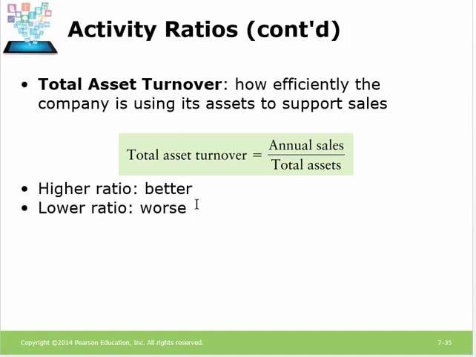This looks at the entire picture of assets, not just short-term assets, but also our long-term assets, because now we're looking at total assets. We want to be able to generate a great amount of sales given our total assets. So the higher this ratio is, the better the company is. The more efficiently they're using their assets to create sales and provide revenues to the company. So we're going to move on then to part 3.